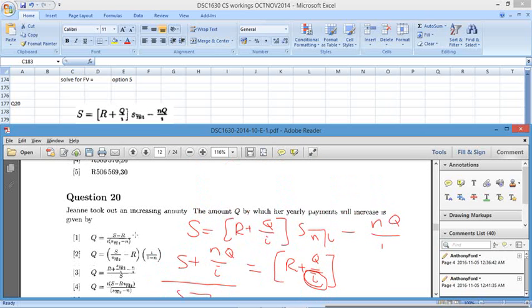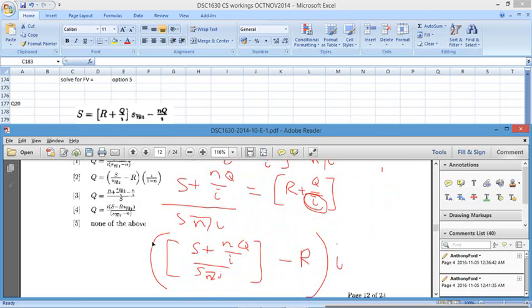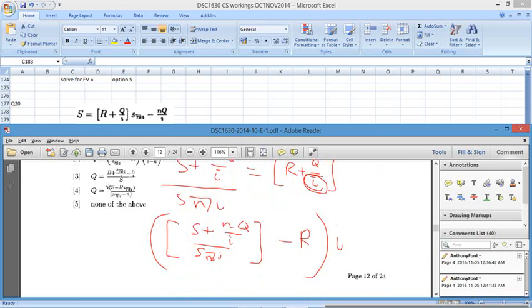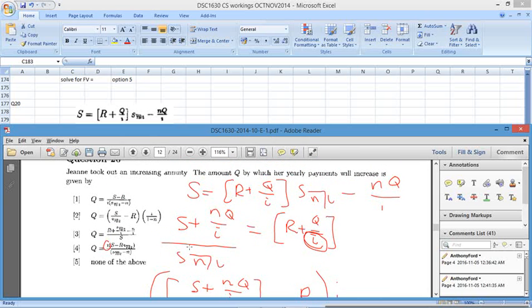This is question number 20, option number 4. Yes, there's the I multiplied by the S. That would have been minus NQ, so when NQ goes that side it becomes plus.